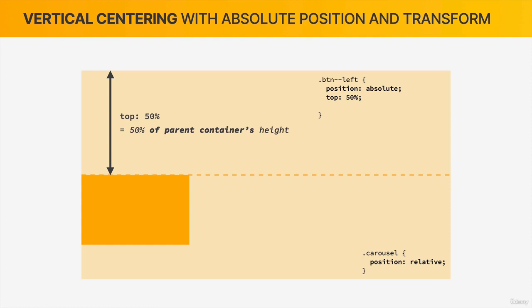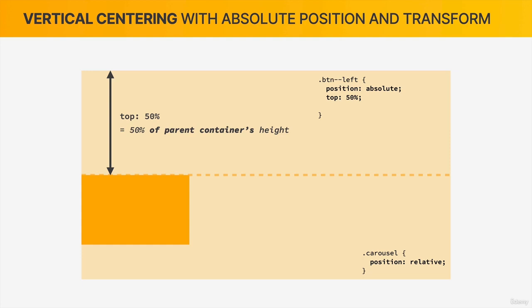So for example, if the carousel had a height of 600 pixels, then this button would have moved down 300 pixels. So exactly 50% of the parent container. And this is really important. Okay. However, as we see here, what it did was to basically move the top of the element exactly to the middle, but not the element itself.